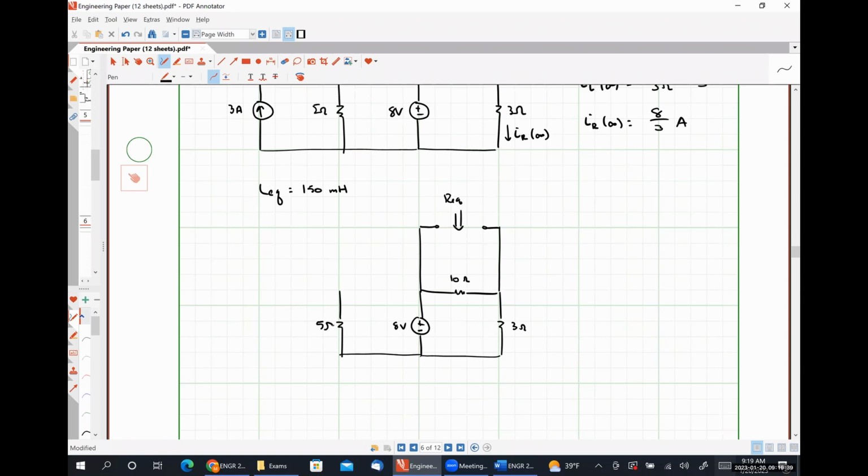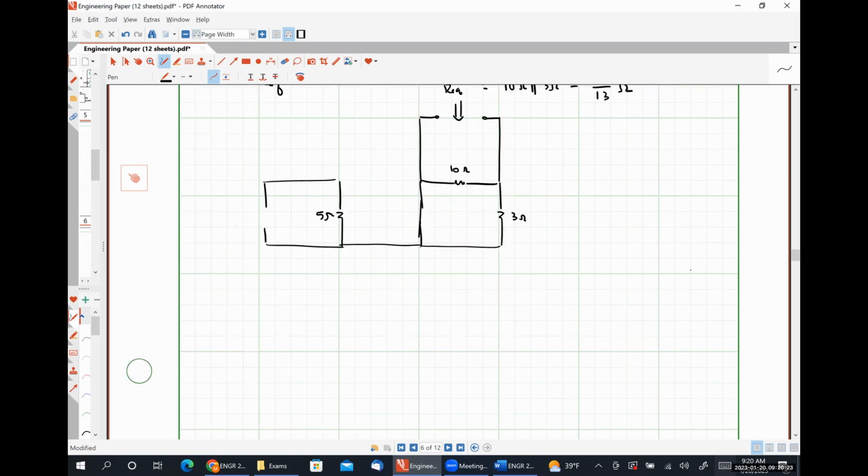5 ohms over here. Three amps over here. And because we're finding a Thevenin equivalent resistance, we need to turn off our sources. So what do we see? You get a REQ of 30 over 13. Yes, a 10 in parallel with 3. Alrighty.